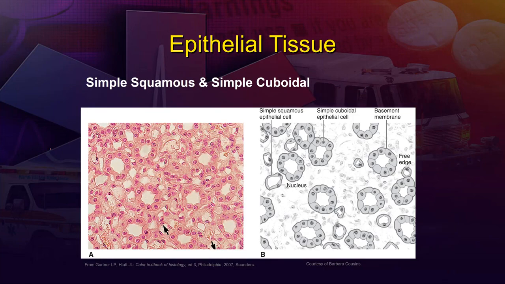This is a drawing on the right-hand side and an actual microscope slide of the tissue on the left-hand side, identifying how these tissues come together and create the structures that we're aware of.